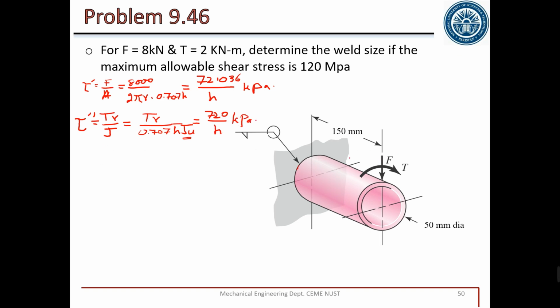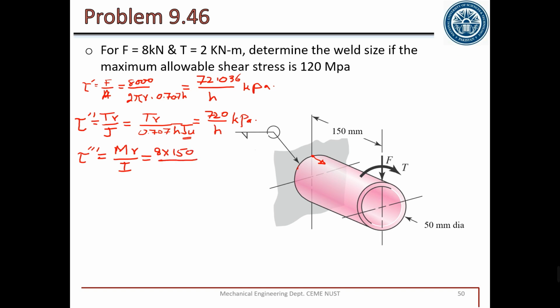The third part: this force is also causing a tertiary shear on this surface. It is bending, in simple words. Why is it bending? Because due to this force, this point of the cylinder will try to come out of the plane. So the equation of tertiary shear is M R by I, and the value of M is F multiplied by the moment arm. F is 8 kilonewton, and the moment arm is 150.